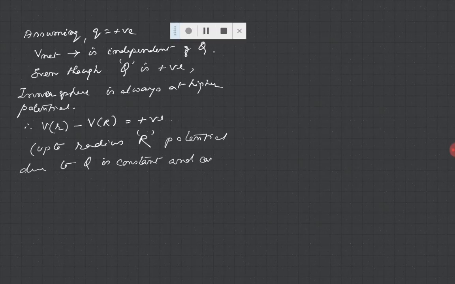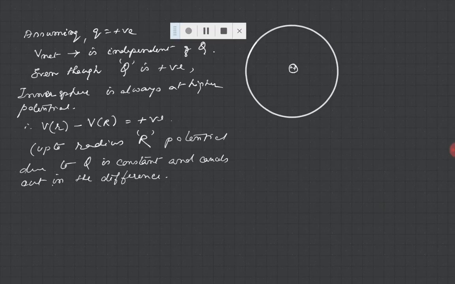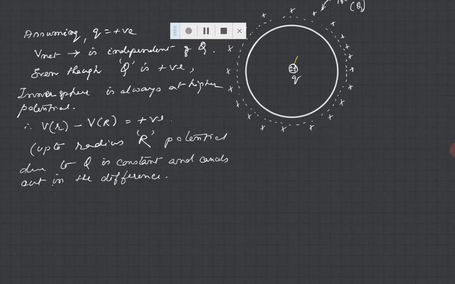This means if we now connect the smaller and larger sphere by a wire, the charge small q will flow from the small sphere to the larger sphere even though the charge capital Q is quite large.